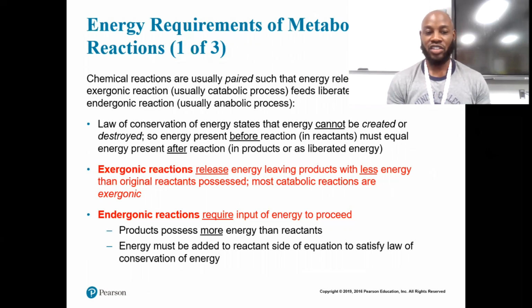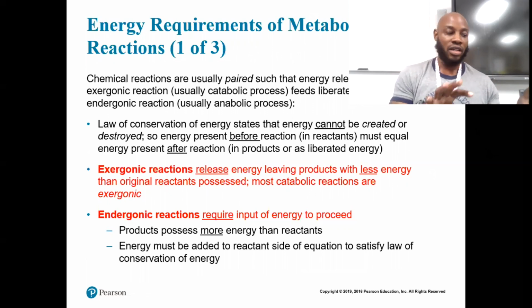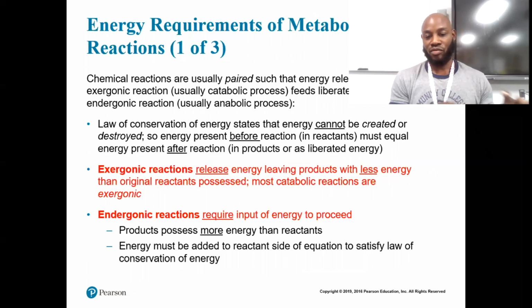Most catabolic reactions are exergonic. They release energy. So when we break down something, there's a release of energy. We break those chemical bonds, which contain energy. We're going to talk about those. And on the reverse of that are endergonic reactions. Endergonic reactions require energy, right? Usually these are more anabolic.